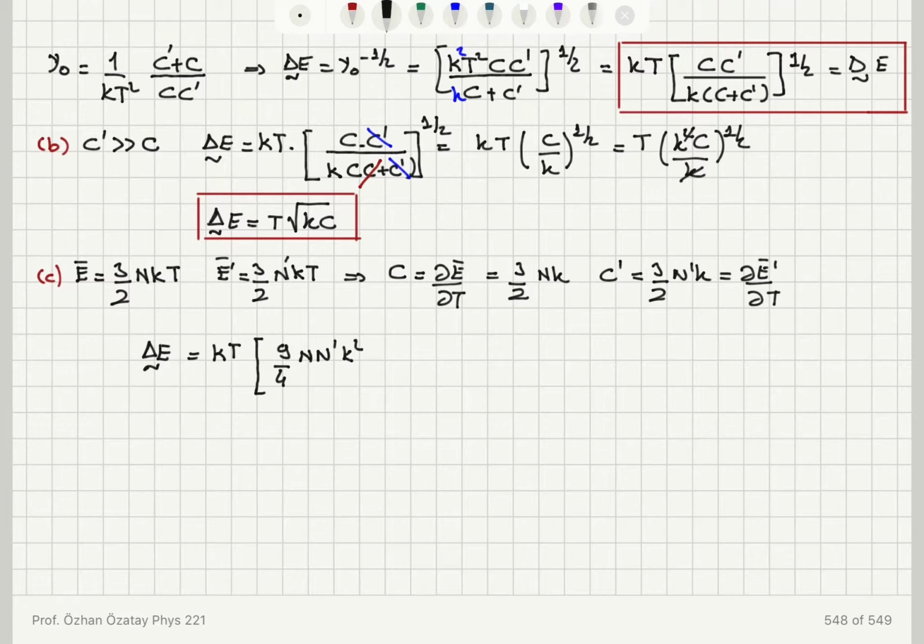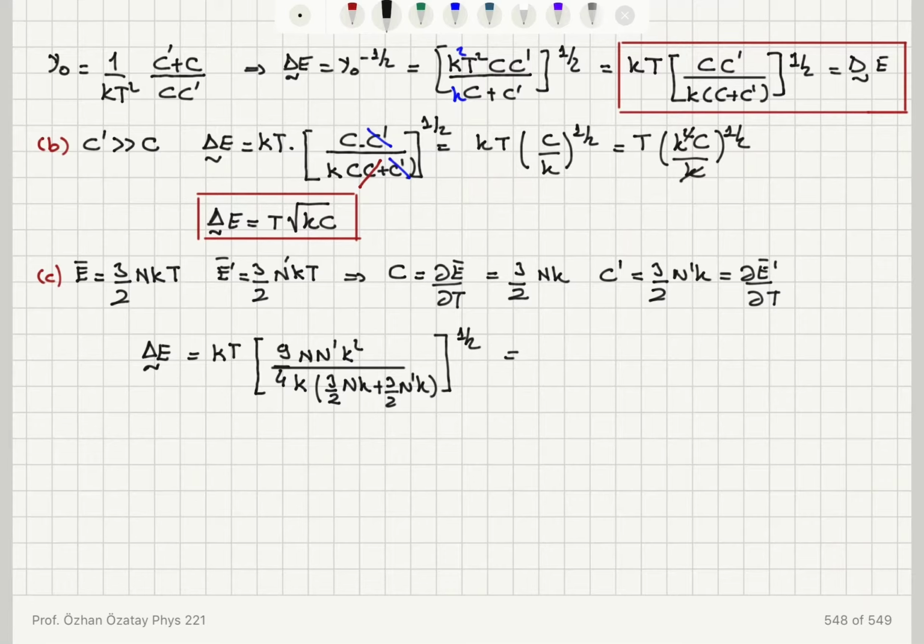This should be divided by k (C plus C prime). So I would have here k (3 over 2 Nk plus 3 over 2 N prime k). So I have to add these up. So this to the power 1/2.